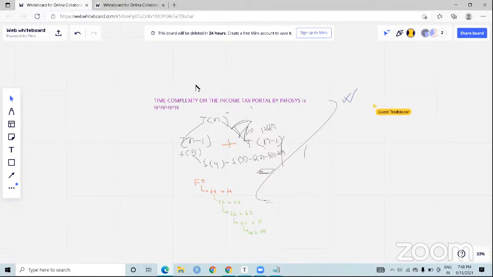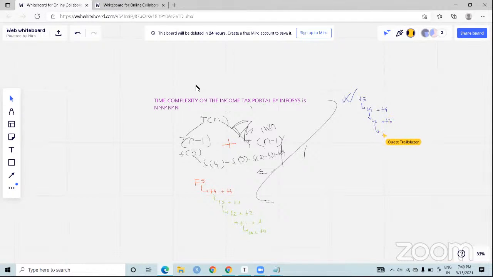Okay, so I'm writing here F. First write your whole statement. Yeah, F high. So F high will become F4 plus F4, and then it will go first in this. So it will become F3 plus F3, and then it will go in the again first.